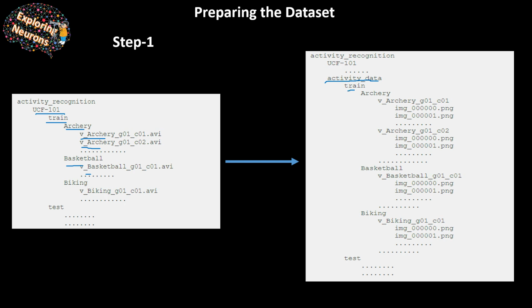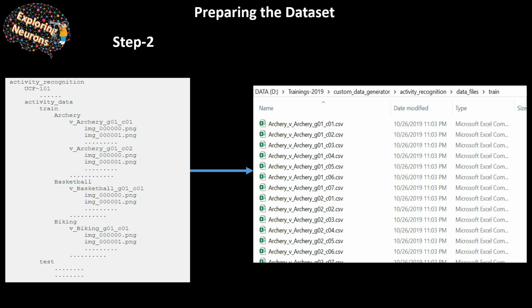Inside train, like this only, there will be archery, and inside archery for every video there is a folder in the name of that video, and inside that folder there will be the images like image 001, 002 and so on. We'll do this for every video, and then for every category the same thing will be repeated. This is step one.